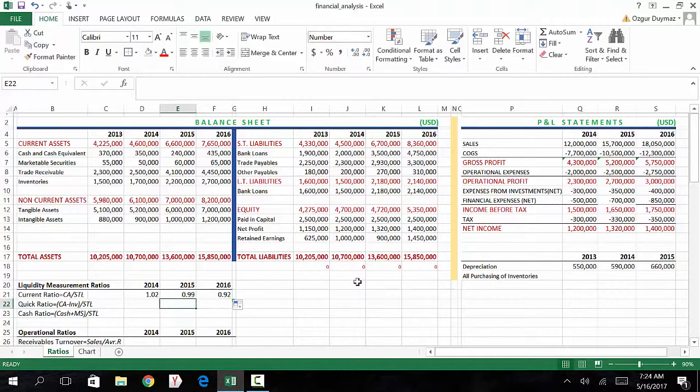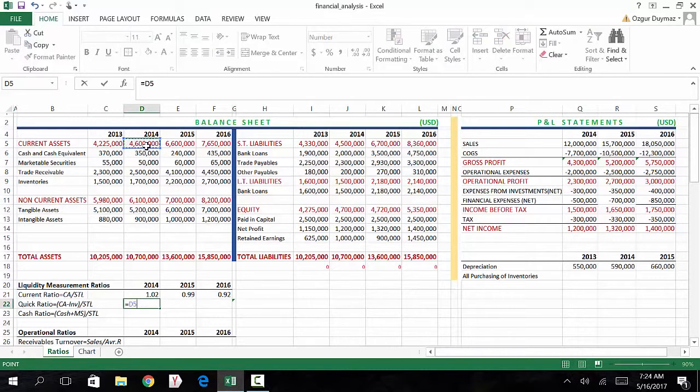And the quick ratio, we will calculate it without inventory. I mean, what if sales stop? Is the company still able to pay its short-term liabilities or not?